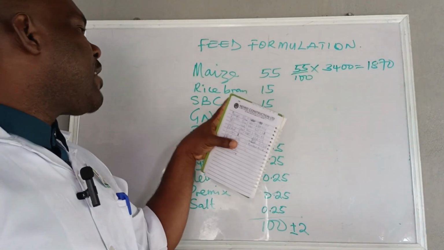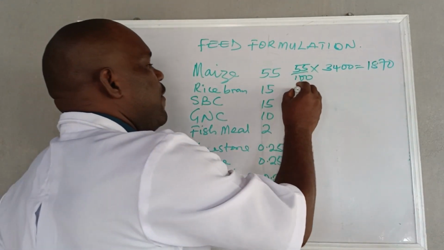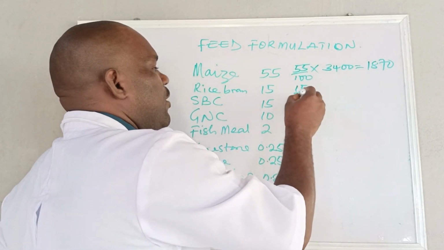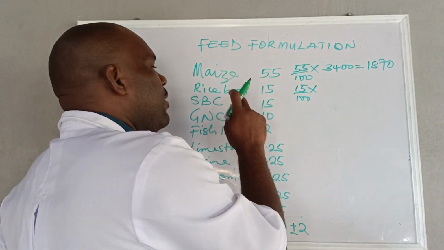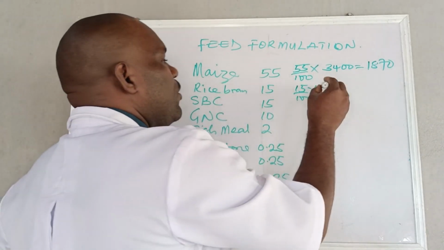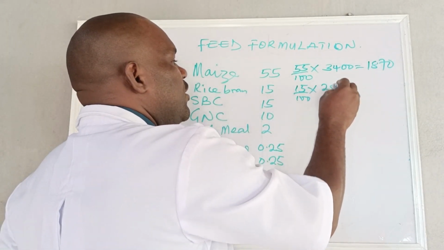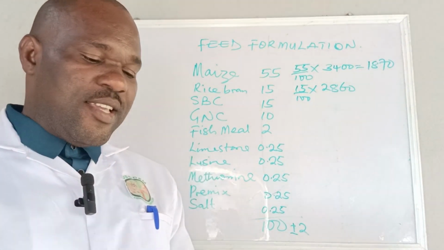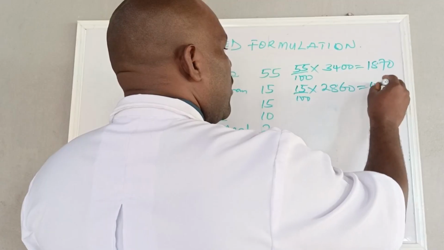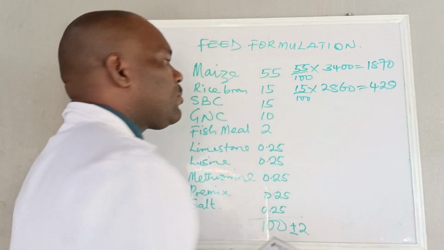You now do the same on rice bran: 15 over 100 times the energy value of rice bran, that is 2860, and you will have 429.